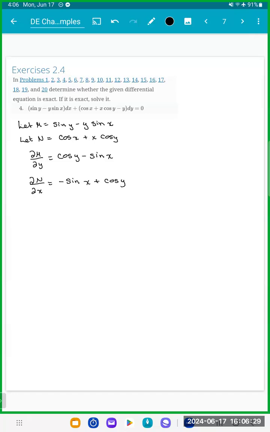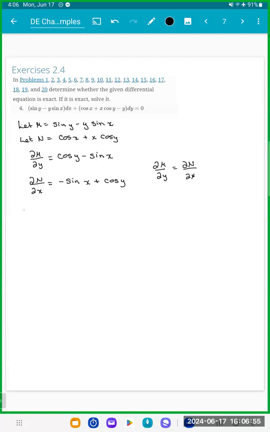And when we rearrange this, we see that my partial derivative of M with respect to y is equal to my partial derivative of N with respect to x, right? So therefore, these equations are exact. So now we have to integrate, and let's do so with respect to x.